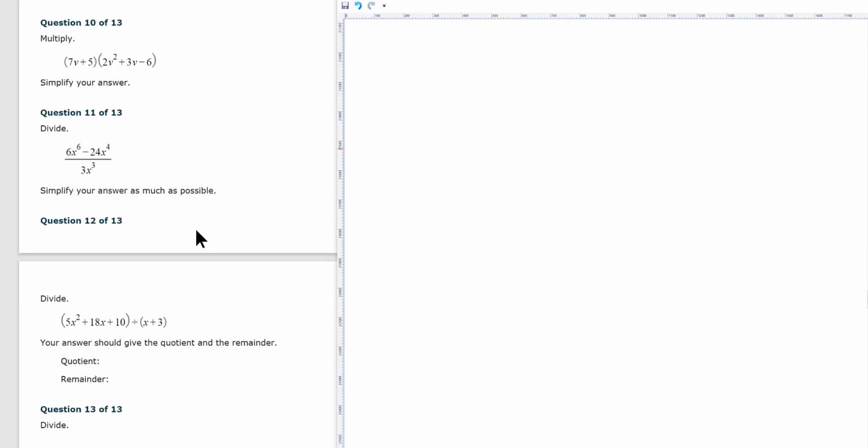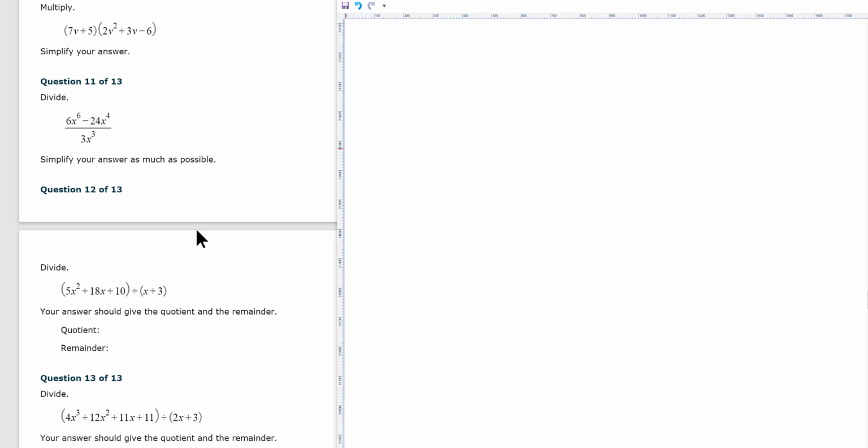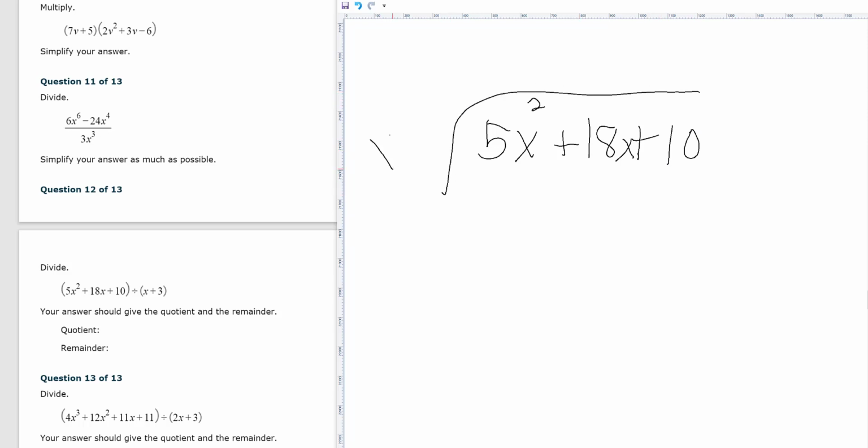When we have one like number 12, we have to use long division. So we have 5x squared plus 18x plus 10 divided by x plus 3. So notice how I have written this in the long division format.